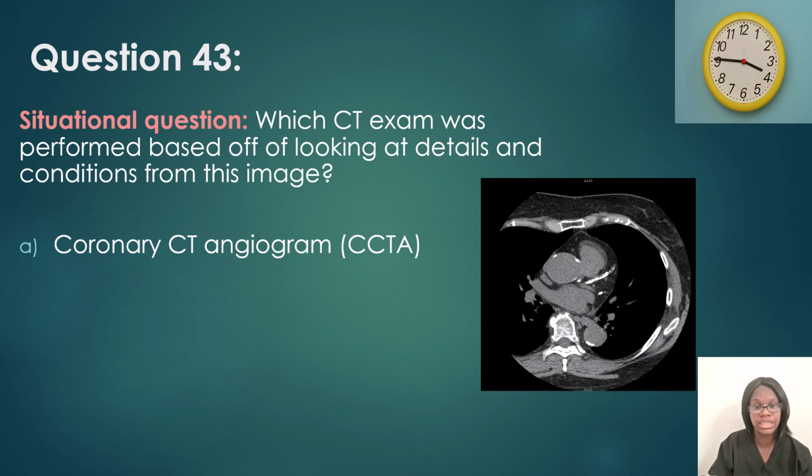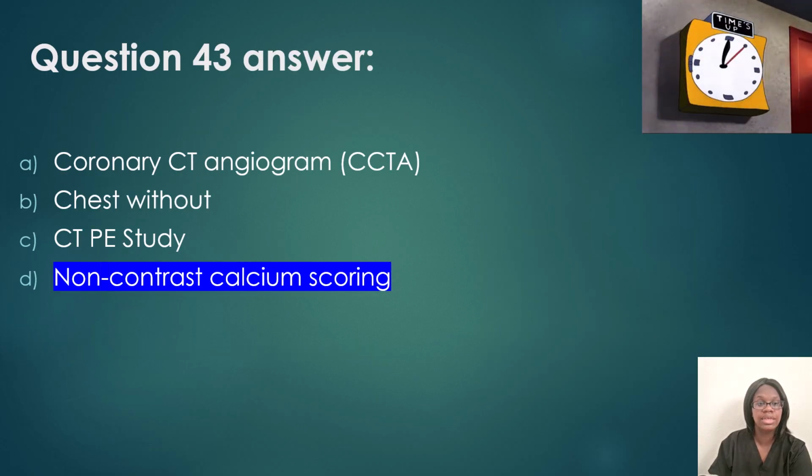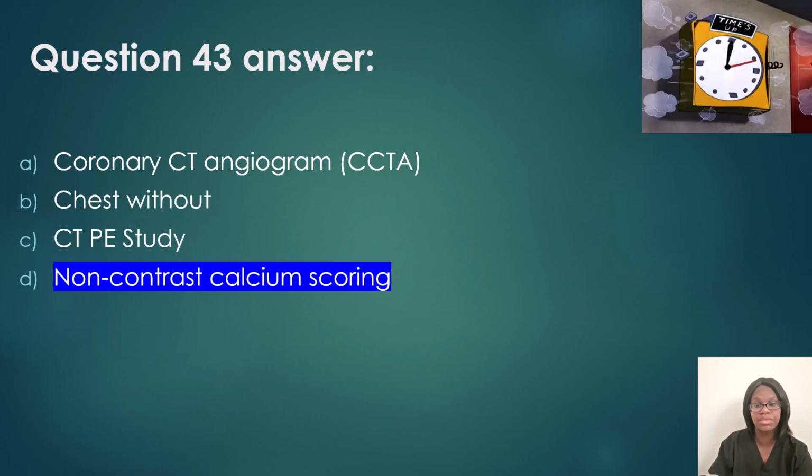A, coronary CT angiogram, B, chest without, C, CT PE study, or D, non-contrast calcium scoring? All right, the correct answer is D, non-contrast calcium scoring.